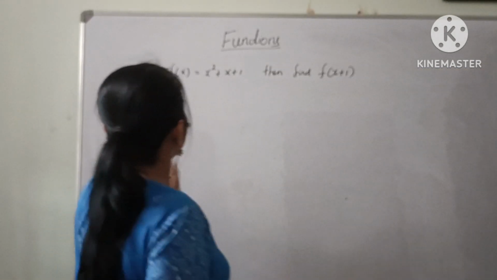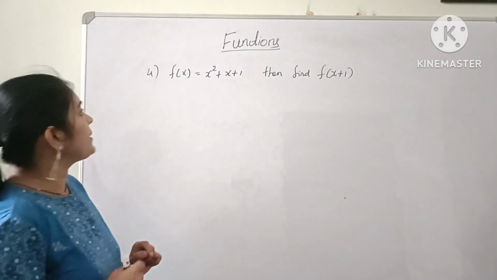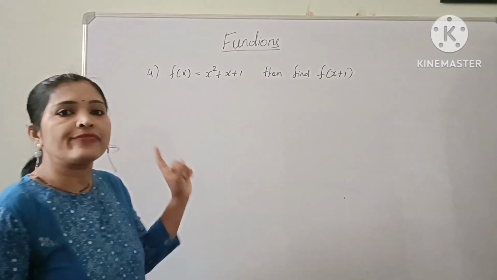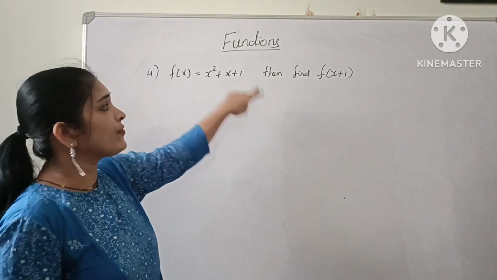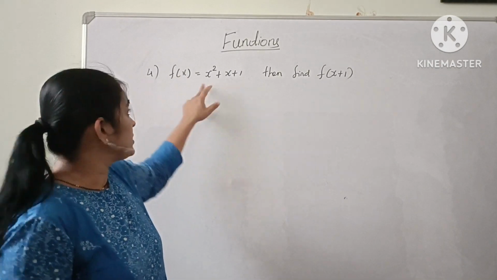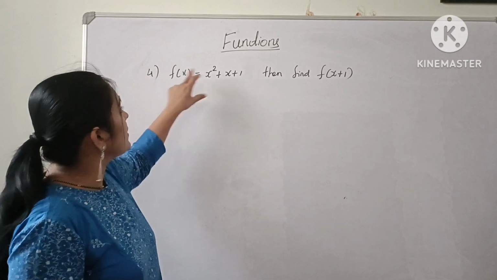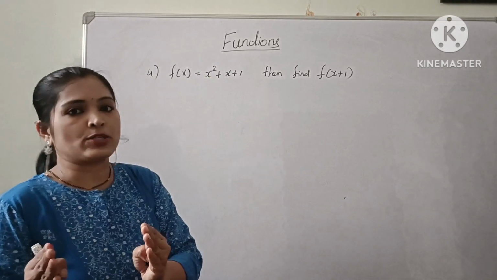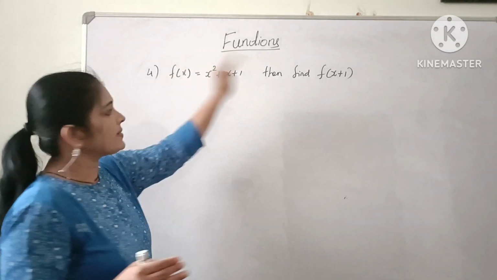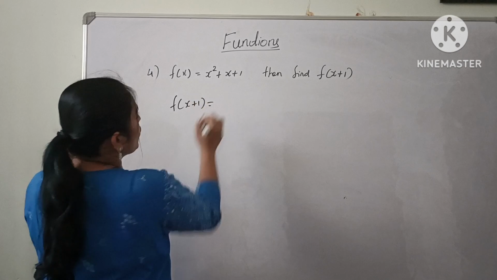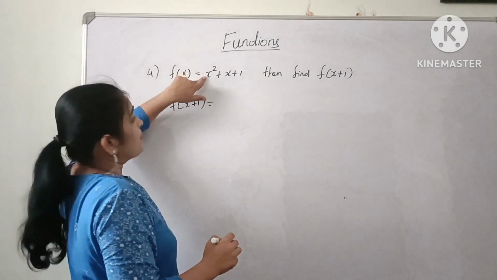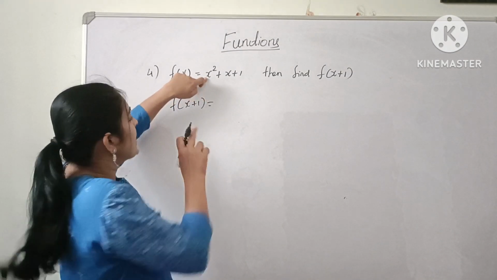Next question, f of x is equal to x square plus x plus 1, then find f of x plus 1. Okay, f of x is this one, find f of x plus 1. See, very simple. Just substitute x as x plus 1. Okay, replace x as x plus 1. That is, f of x plus 1 is equal to, substitute in place of x, x plus 1.